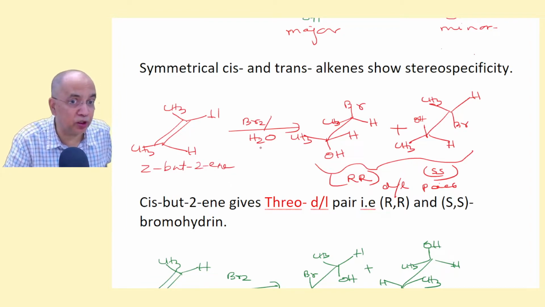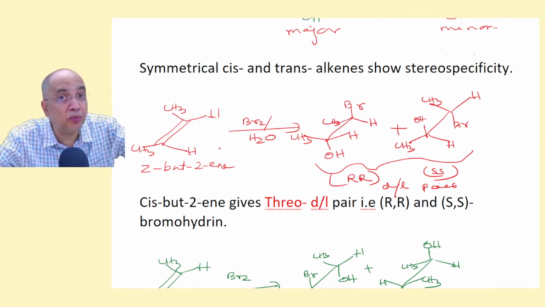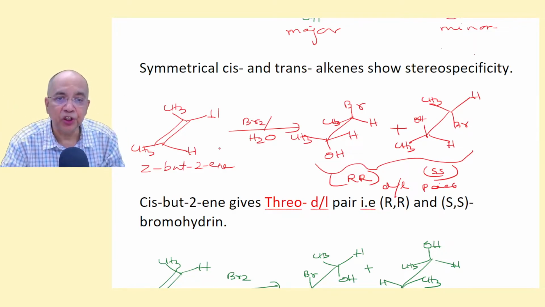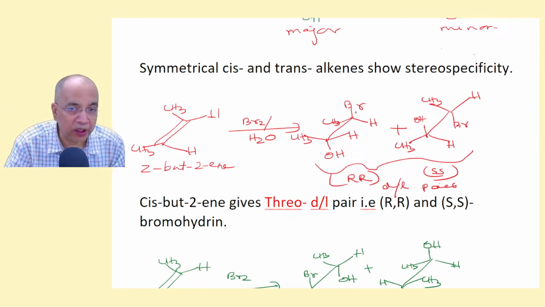In the presence of water, you have forgotten about dibromide. Dibromide will be the minor product. Water will take the lead in the second step. So bromine can join here, OH can join here, or bromine can join from below, OH will stand up, right?